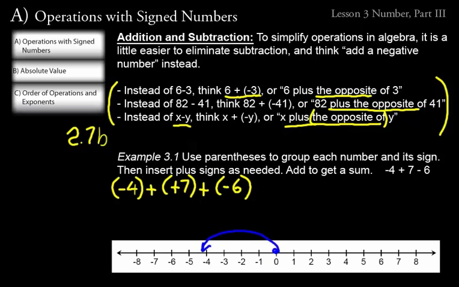Then we'll add positive 7, so now we go back this way, 7, and that gets us to that 3. Then we're going to add a negative 6. So we go in the opposite direction. So the opposite of positive 6, we go in the opposite direction there, and we end up at negative 3.